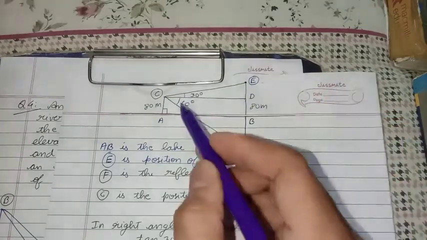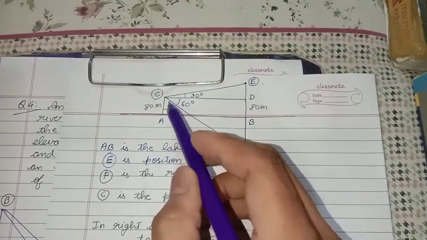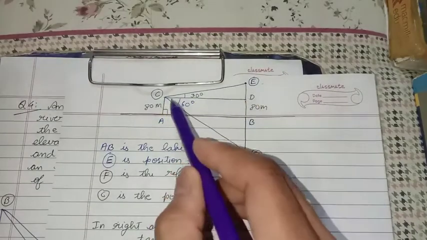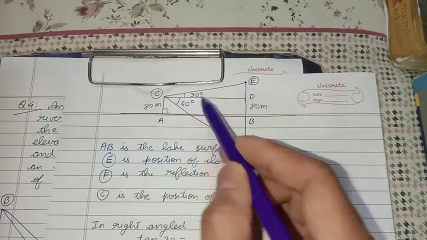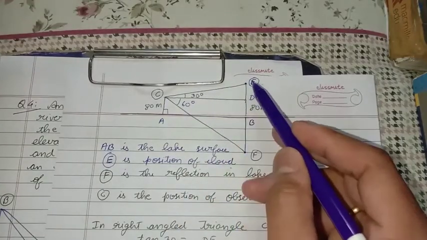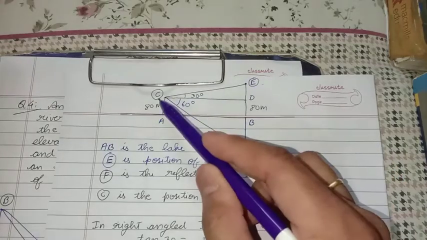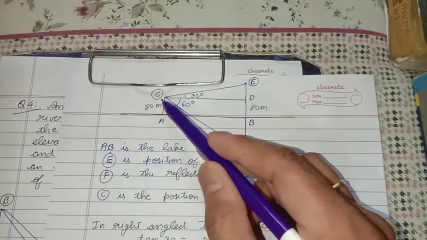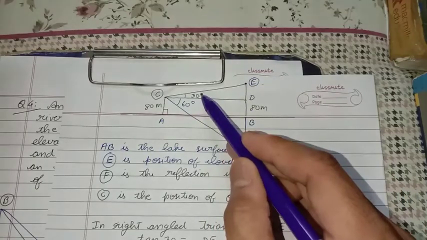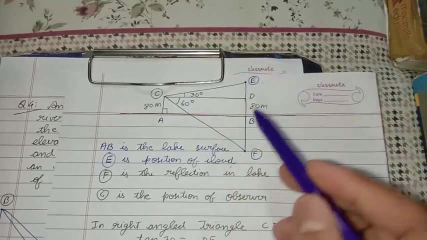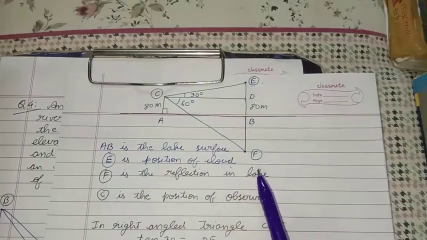So the angle of elevation will be from horizontal, so that's why you need to draw this horizontal line and mark here 30 degree. So the angle of elevation of this cloud, like the person standing at C watching E, is 30 degree. And here F, what is F?